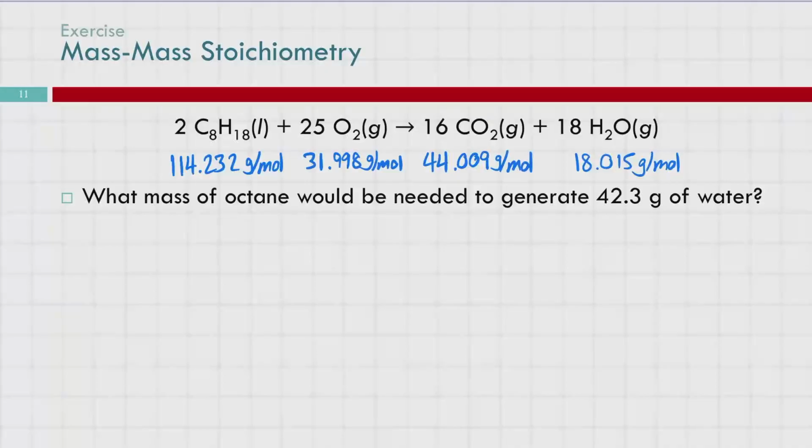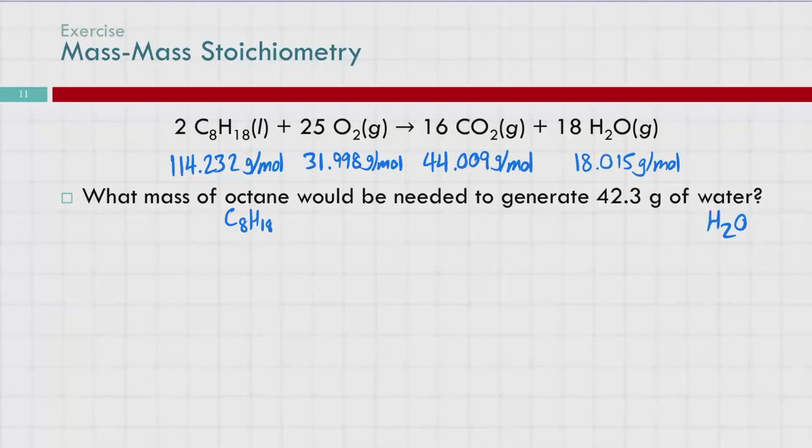I forgot to mention when I was writing in the molar masses that our octane is our C8H18. We saw it on the previous slide, but I forgot to put it up here. And our water, that's our H2O.